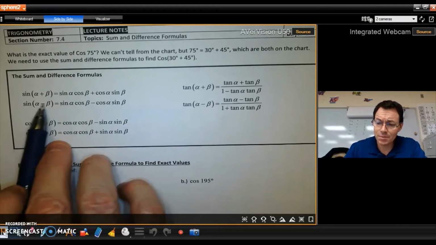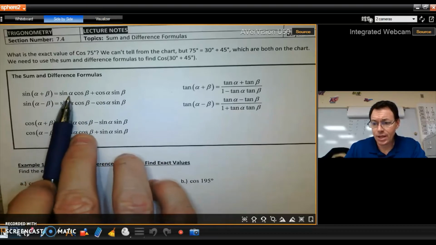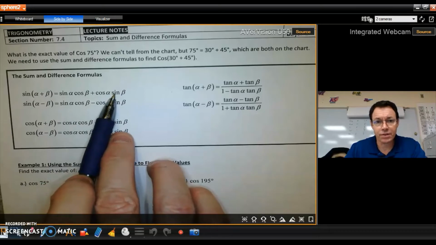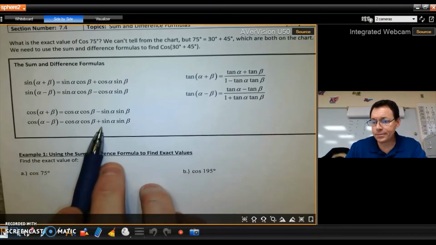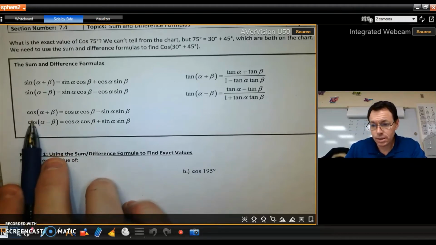In fact, a lot of times these formulas are written together as the sine of A times the cosine of B, plus or minus the cosine of A times the sine of B. I usually write them separately. All right, the cosine sum and difference formulas.